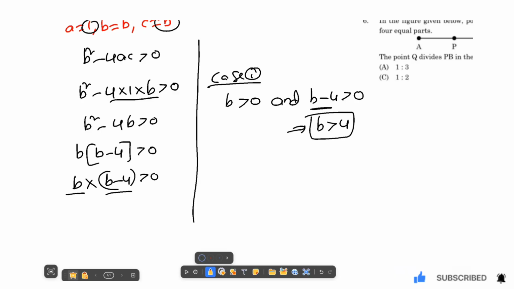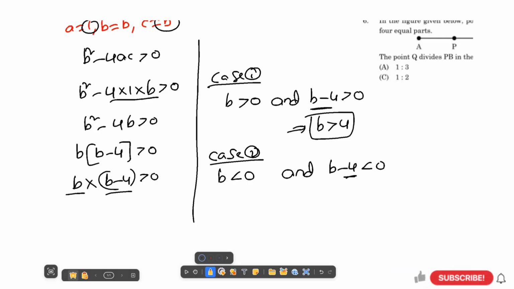So remember this, b should be greater than 4. And case 2, both can be negative. That means b can be less than 0 and b minus 4 less than 0. If you send minus 4 to the right side, b should be less than 4.